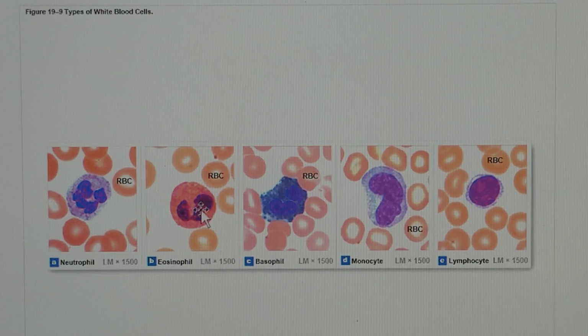Again, it's got a multi-lobed nuclei. You'll see this associated with parasites. In this one, we see a basophil, which is granular in nature. We see a large monocyte here. The monocyte appears to be very large in comparison. And here we see a lymphocyte. So different types of white blood cells.